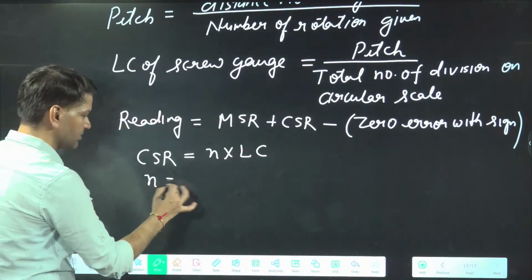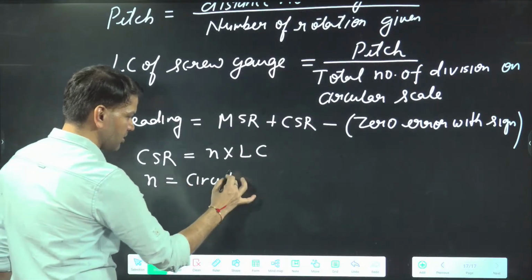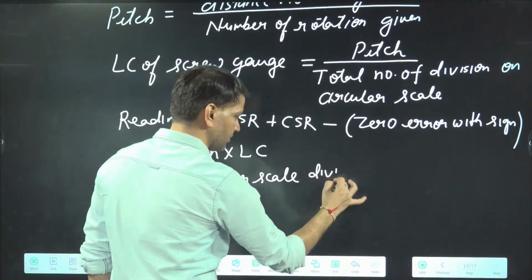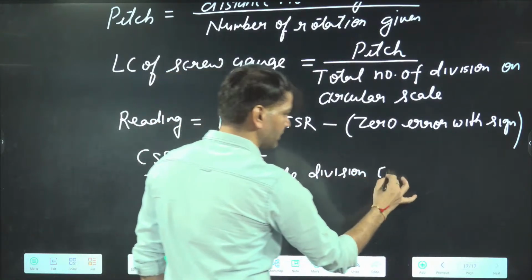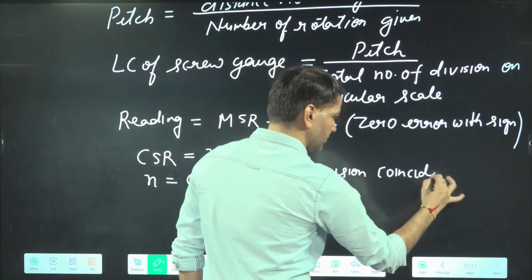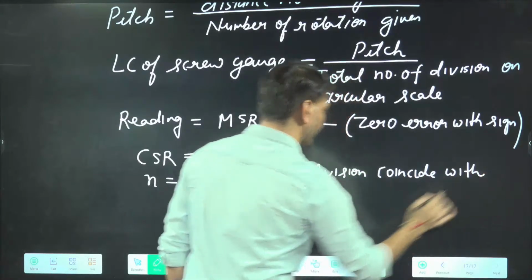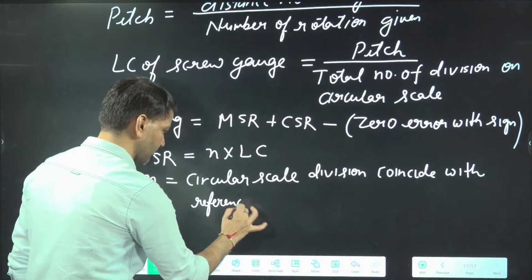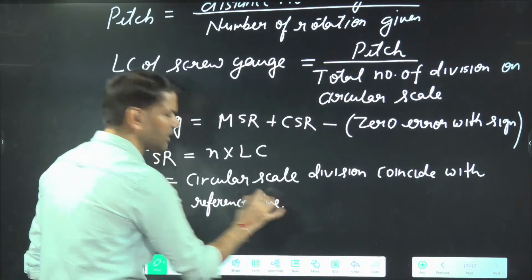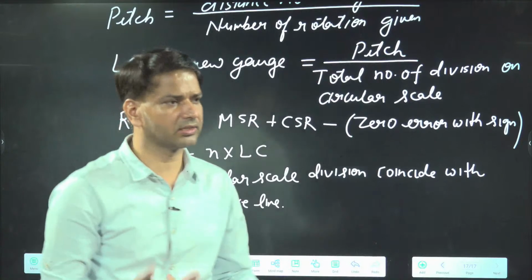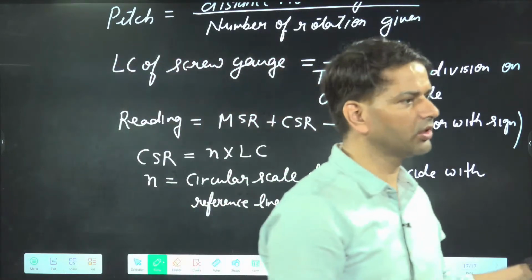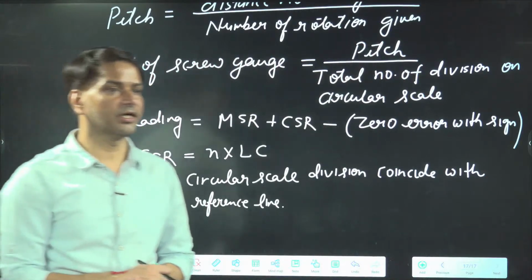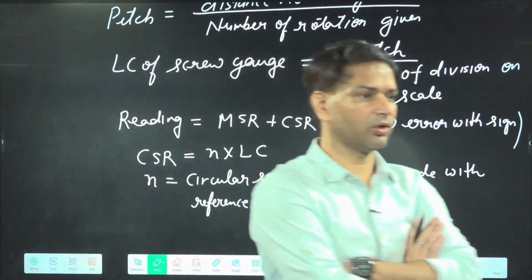N is the circular scale division coinciding with the reference line. Or directly they will give the circular scale division reading, and we have to take that value as N. MSR plus CSR into least count minus zero error, we can also write.